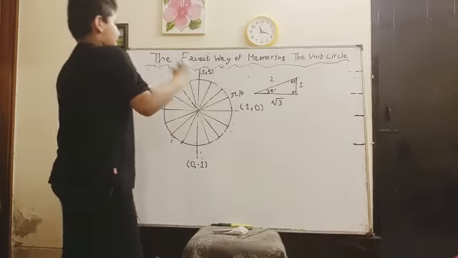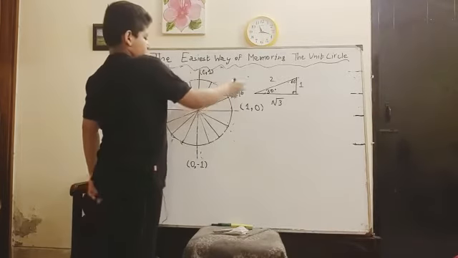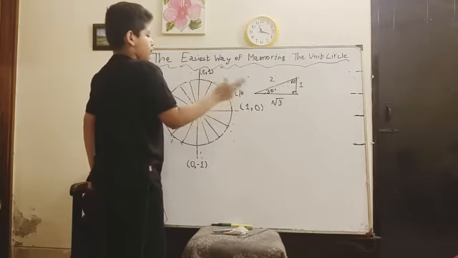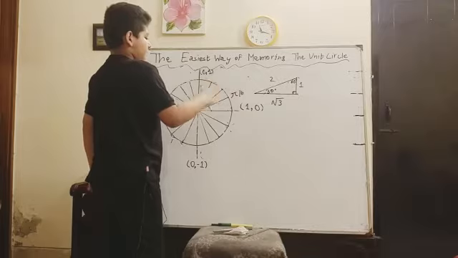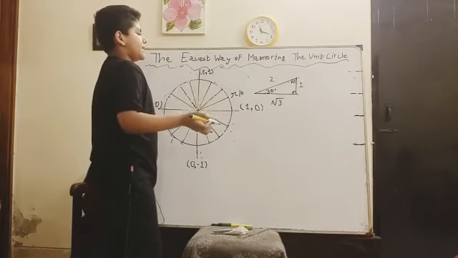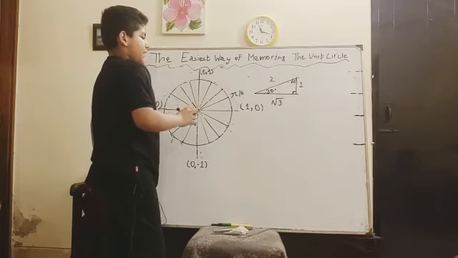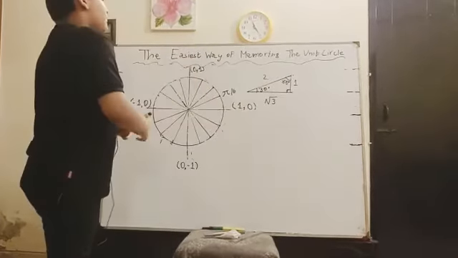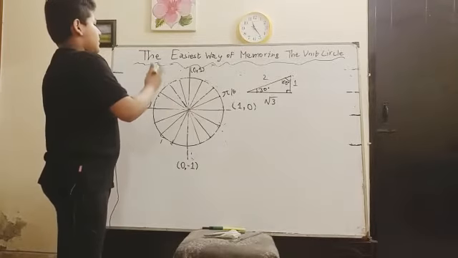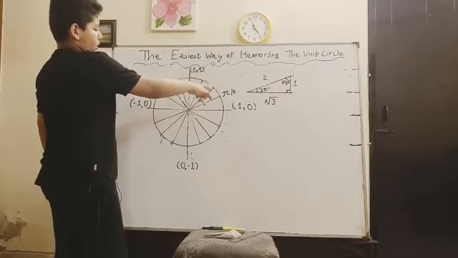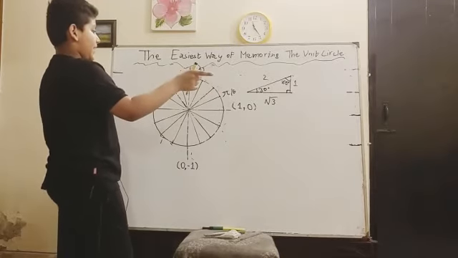So this is a pi over 6 radian radius. Now we have to note the fact that the radius will always be 1. So now let's calculate the sine of 30 degrees or pi over 6 radians.